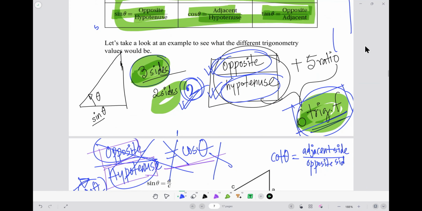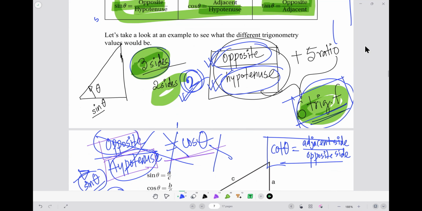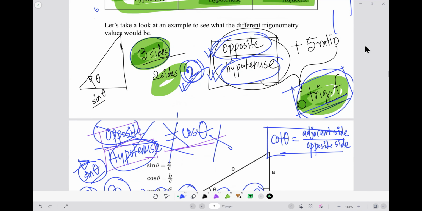So you just flip them? Do you just flip the original? Like the tangent is opposite over adjacent, so do you flip that so it's adjacent over opposite? Yeah, that is a way of thinking, basically. That is not only a way of thinking, that is what it actually is, because the cotangent function and the tangent function are reciprocal.